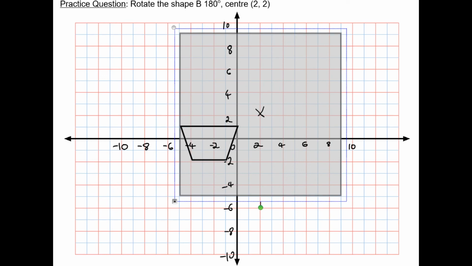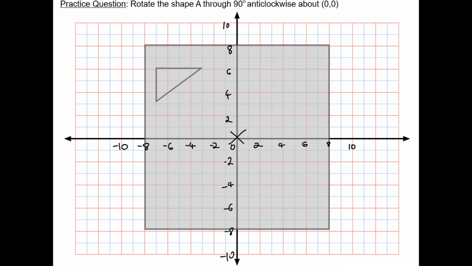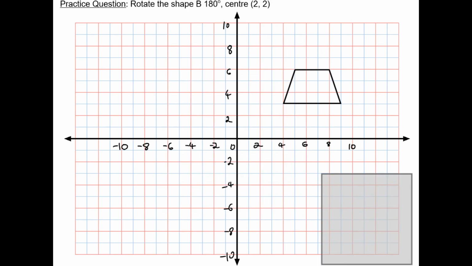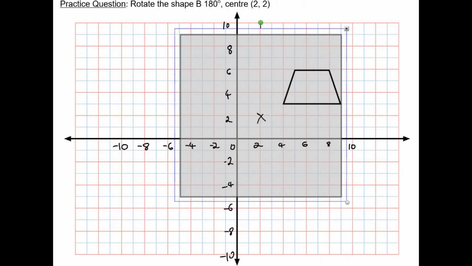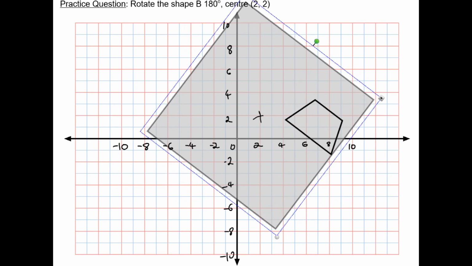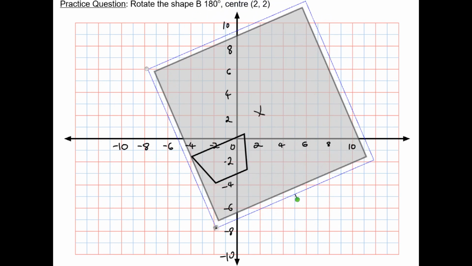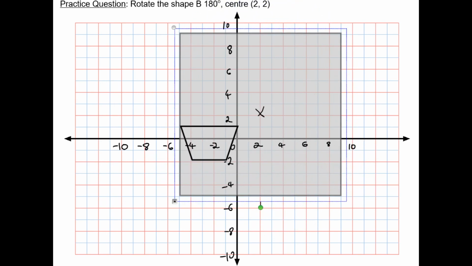Similarly, if you had gone clockwise, let me just reset that. If you had gone clockwise, it would have looked like this. Quarter turn, half a turn, and it would have ended up in exactly the same place.